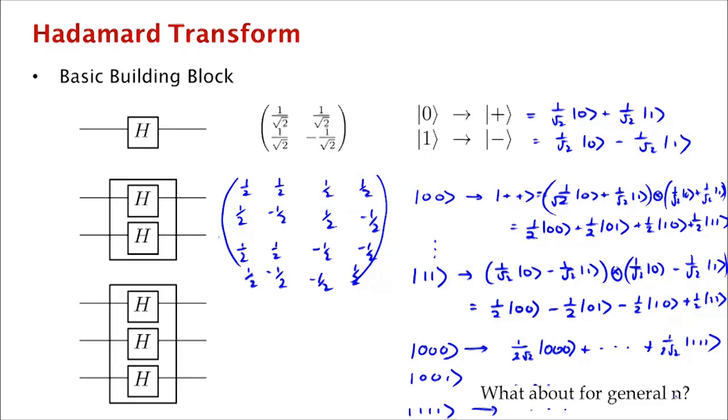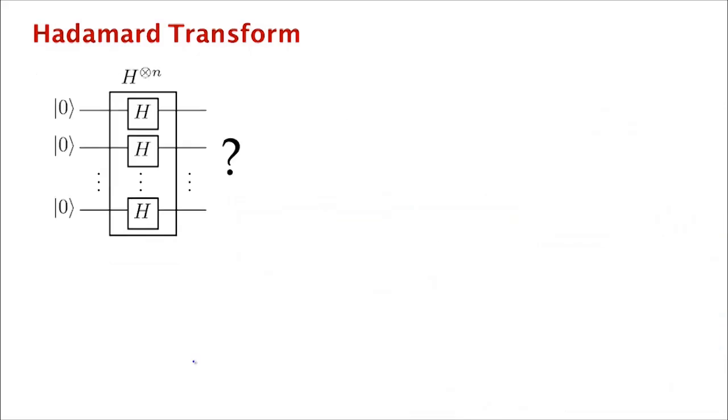So now let's try to understand what happens when we work with n qubits as n tends to infinity. So now we have n qubits. Let's say we start with each of them in the 0 state, and we put them through the Hadamard circuit, where each of them is going through a Hadamard gate. What's the output?